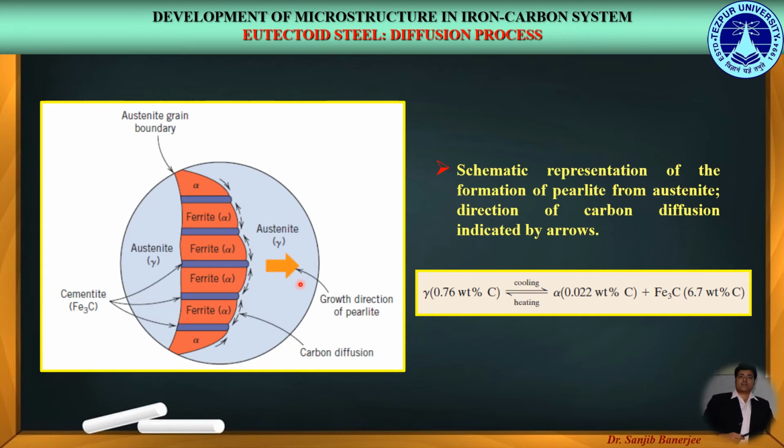Over here, the directions of carbon diffusion are indicated by arrows.